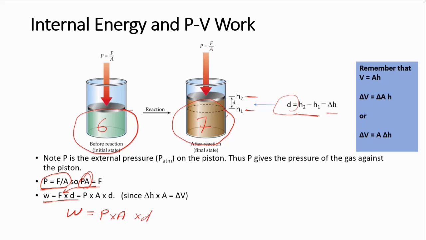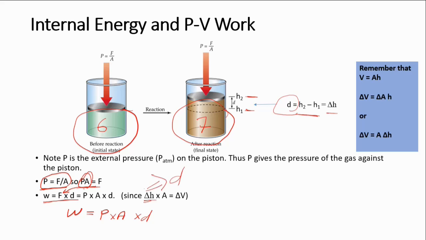Now the distance traveled by the cover is delta H, H2 minus H1, which is the same thing as d.